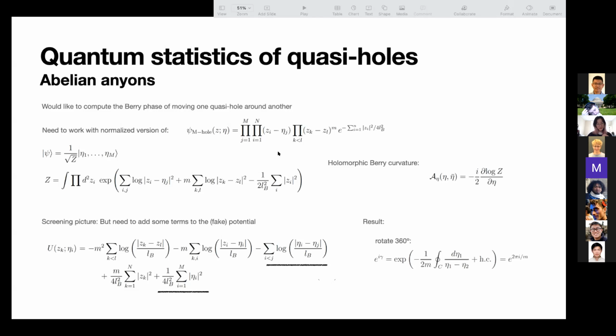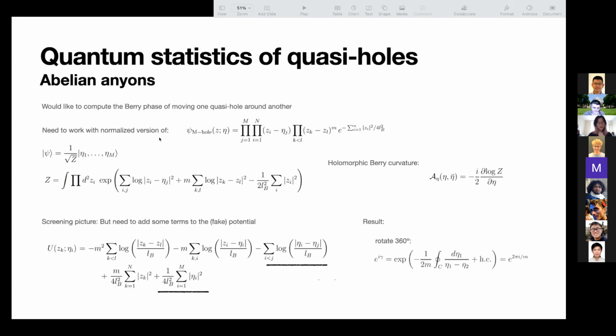We can compute this exchange angle by considering the Berry curvature of this wave function containing m holes, and just move one hole around another one to get the statistic angle.